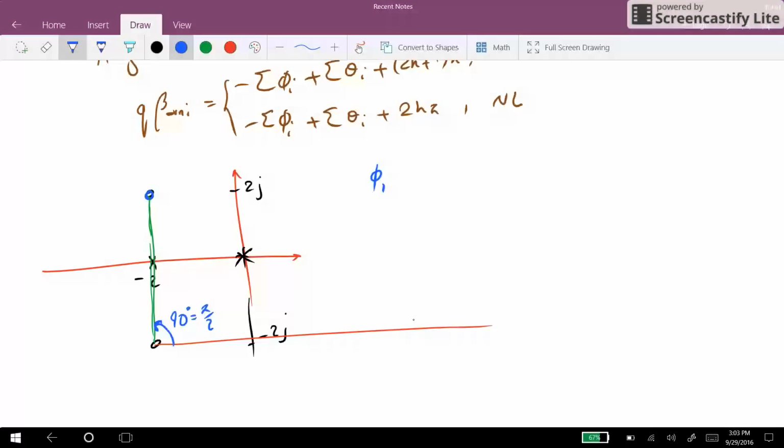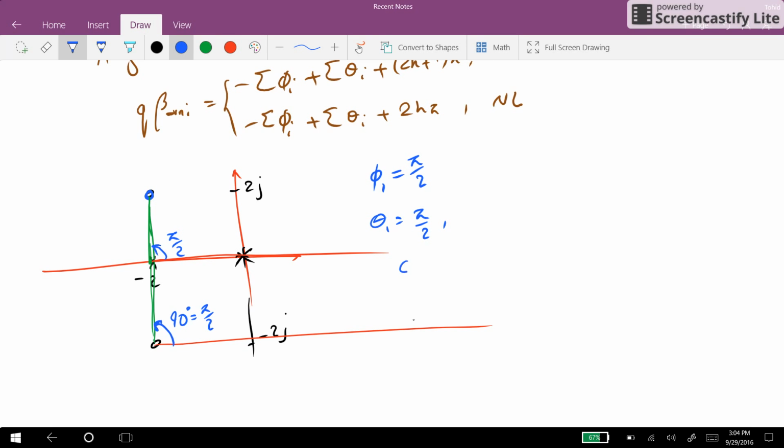So we see that we have phi 1 equal to pi over 2. The angle coming from the poles: we have one pole here, connecting it to the zero, drawing a line from that pole towards infinity, we will have this angle, which is again equal to pi over 2. So theta 1 is equal to pi over 2.